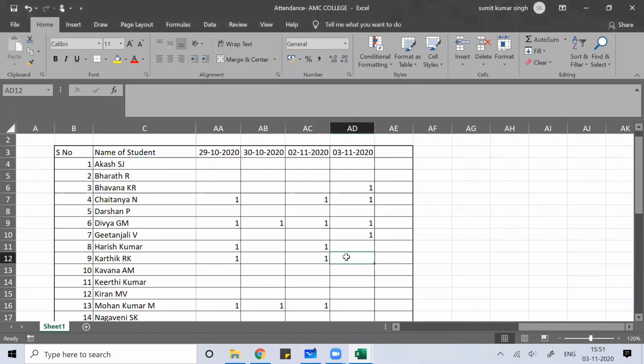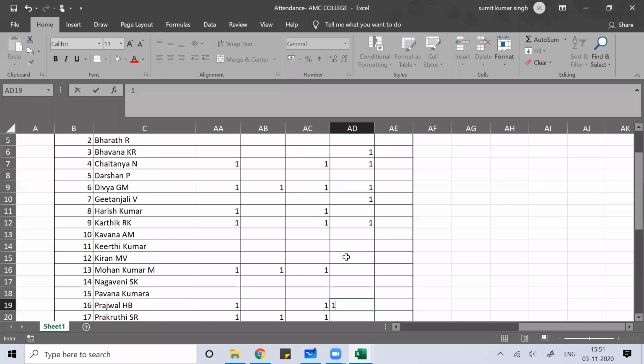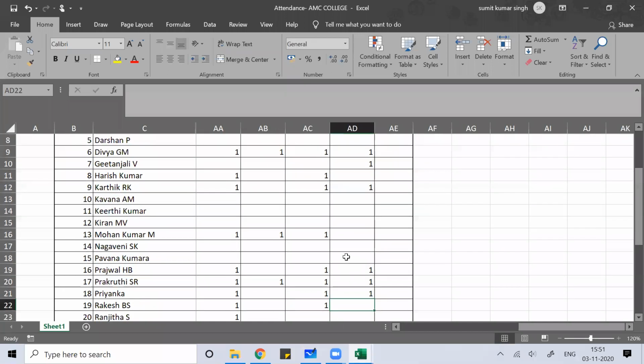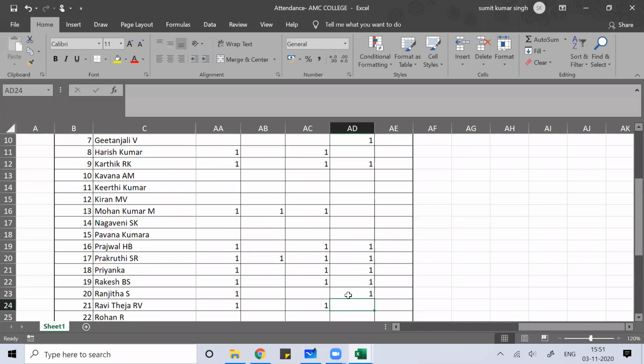Harish is not there, I guess. Kavna, Kirti, Kiran, Mohan. Mohan, are you there in class? Prajwal is there. Prakriti is there. Priyanka is there. Ranjita is there. Rakesh is there. Ravi Teja is there.